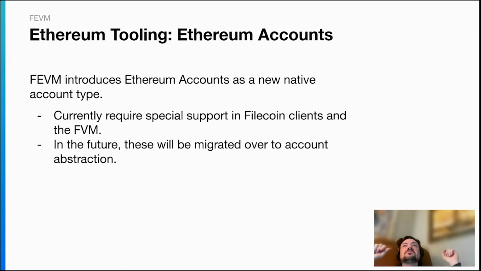In the near future, we are planning on migrating over to something we call account abstraction. The idea behind account abstraction is it should let anyone deploy any custom account type to the Filecoin network, and it'll just work. There'll be nothing special about the Ethereum account type. But that was more complicated, and we ran into a bunch of design questions we weren't quite comfortable with yet. So we punched that out to a future upgrade.